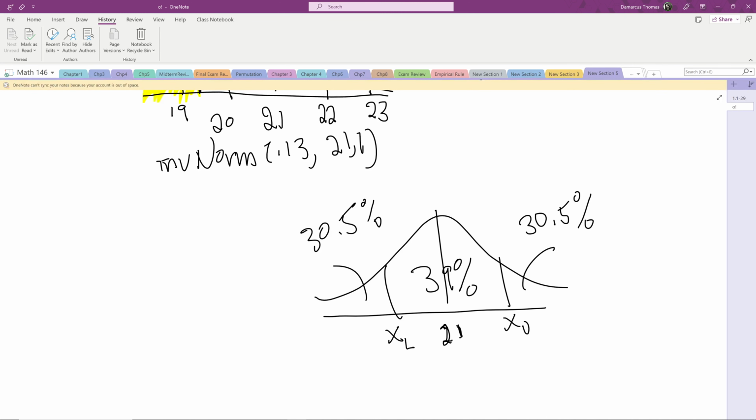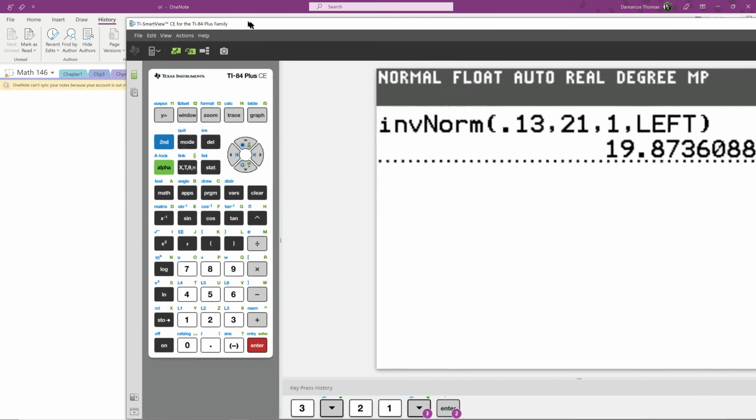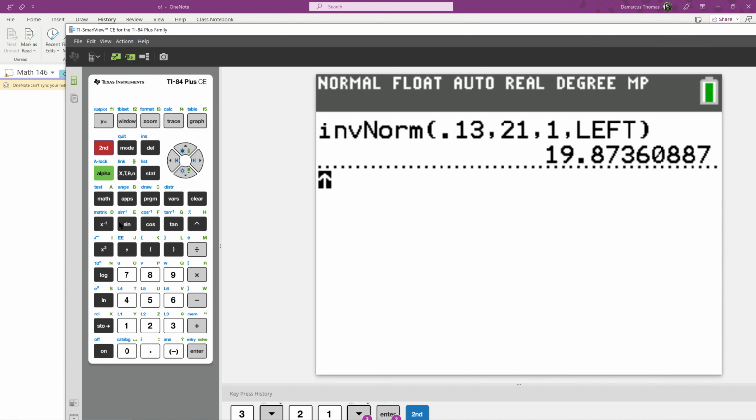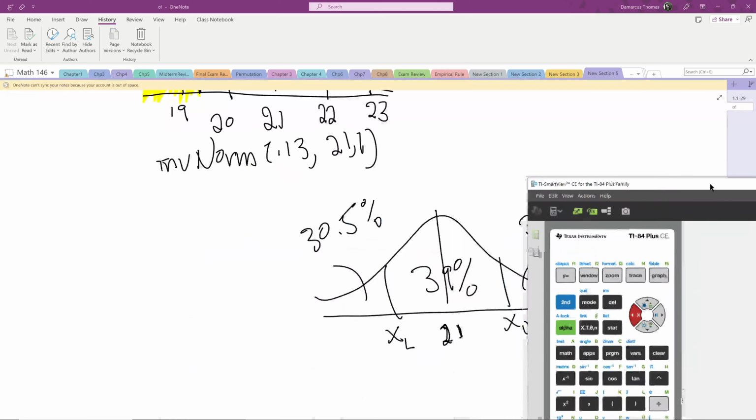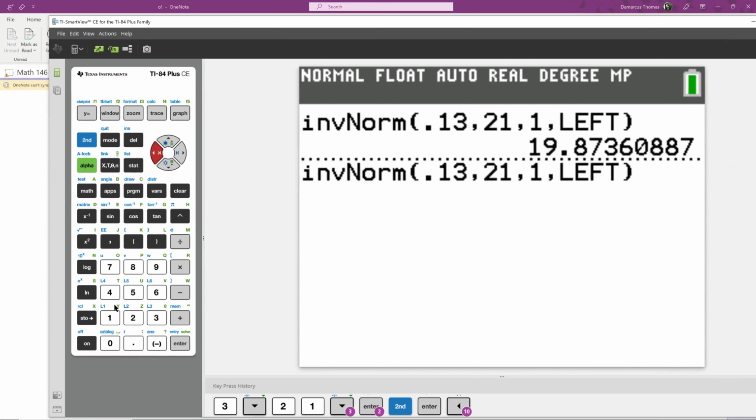And then we could do inverse norm of 30.5 plus 39. The sum of these two, the area to the left, that's actually 69.5. That's probably the best way to do this one. So I'll do a second entry, and instead of 13, I'm going to do 30.5.